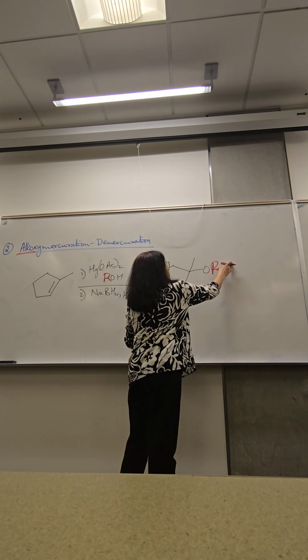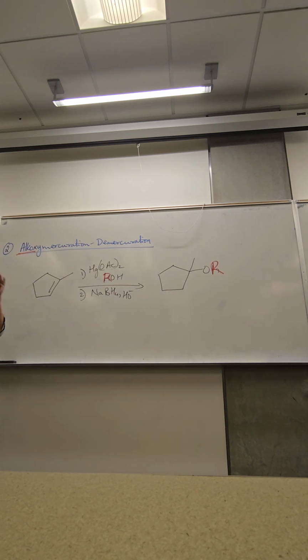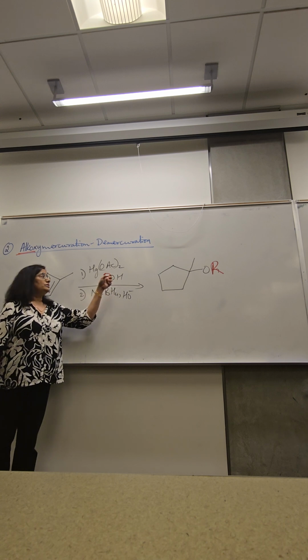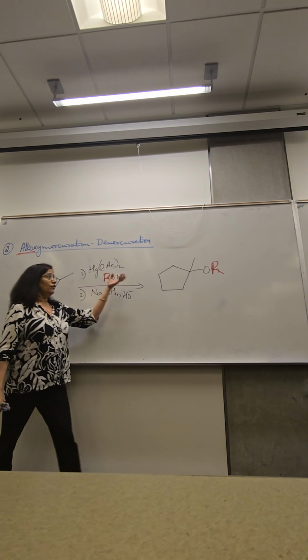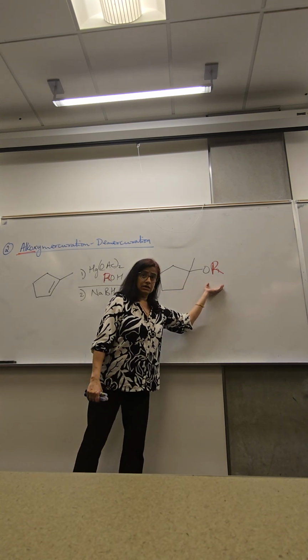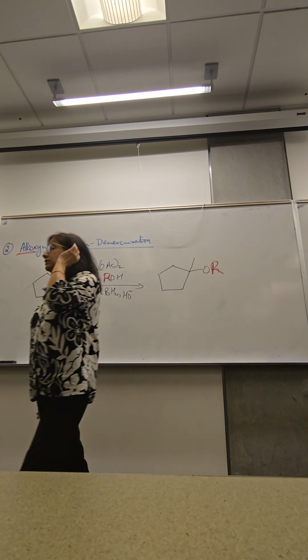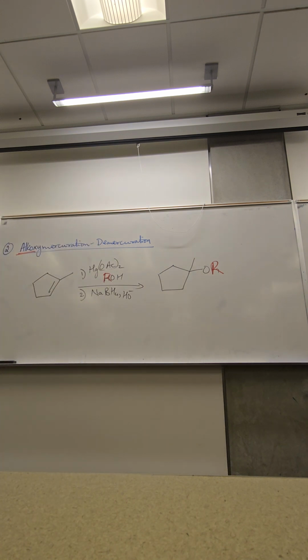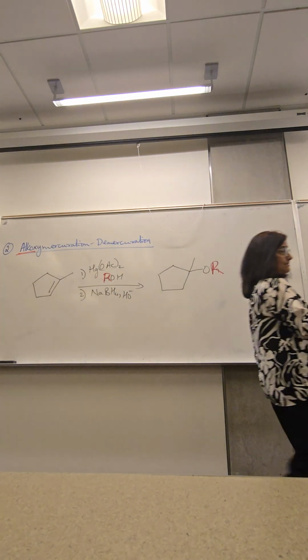It's exactly the same reaction. The only difference is that in the first step, instead of water, we use an alcohol. So the product is an ether. It's still Markovnikov, still without rearrangement because there's no carbocation in the mechanism, but you get an ether. Hence alkoxymercuration, demercuration. Does that make sense, everybody?